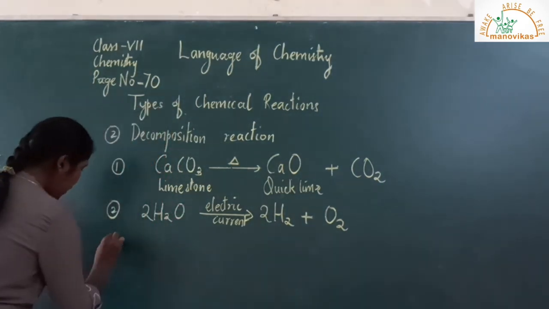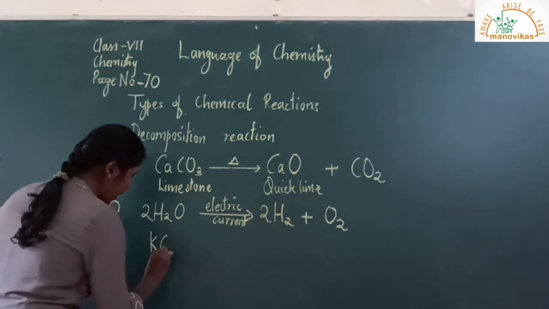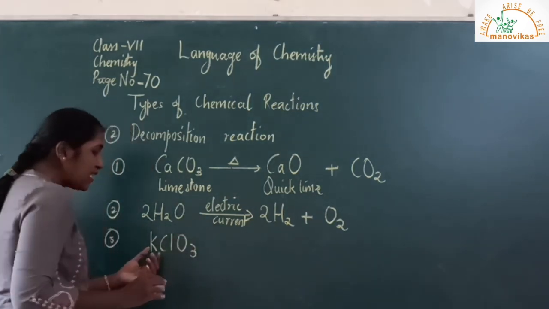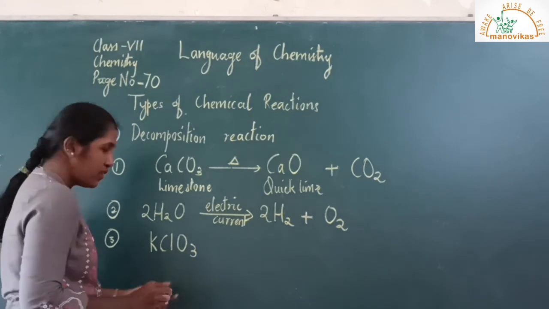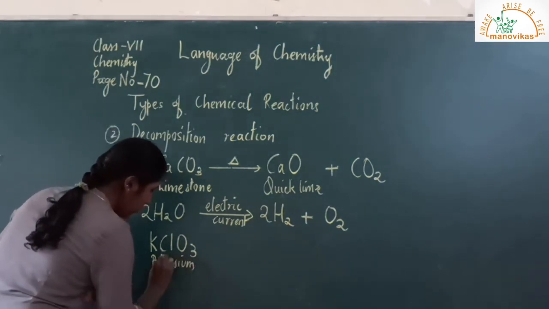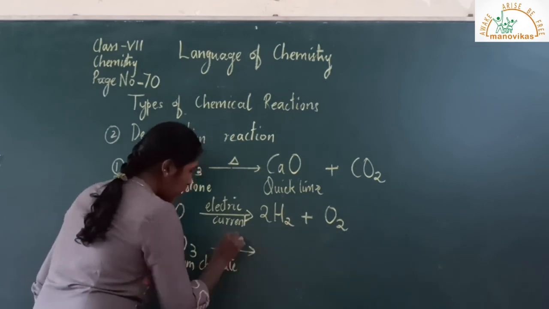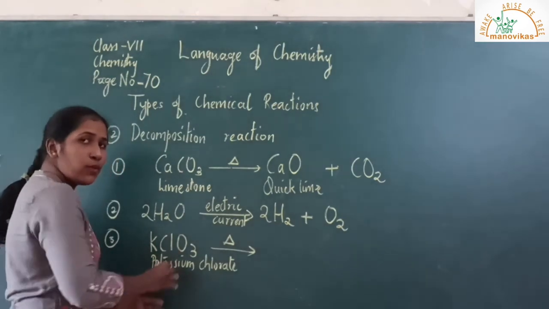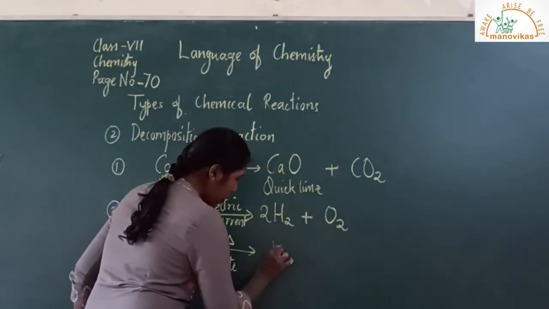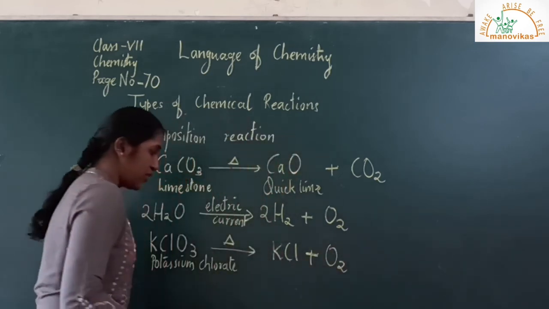Let's take one more example. Third one, decomposition of potassium chlorate. Potassium chlorate is KClO3. This potassium chlorate, when it is heated, it will get split up into the compound and the element.